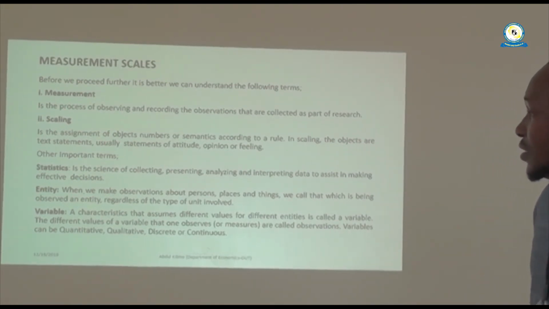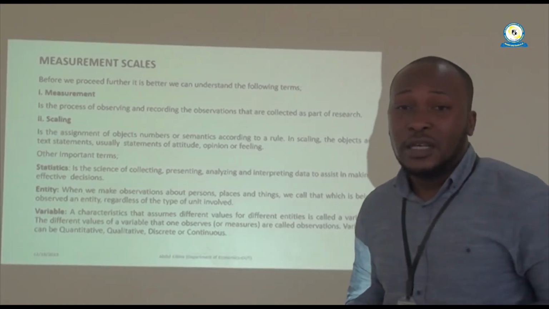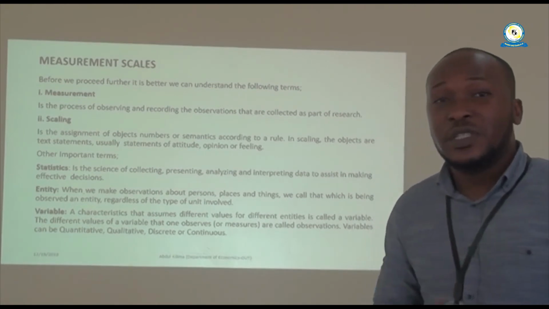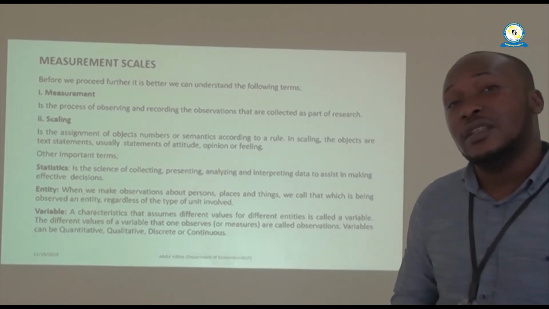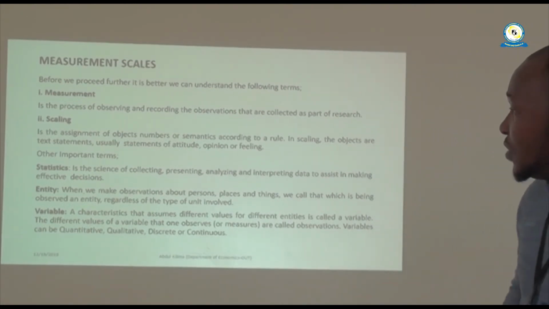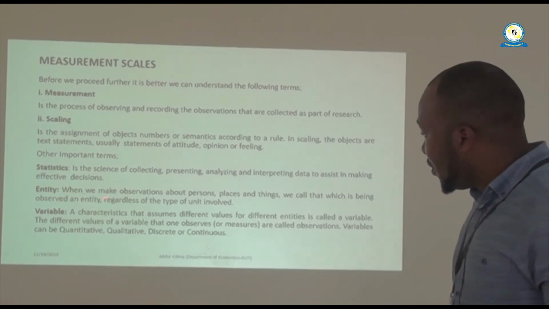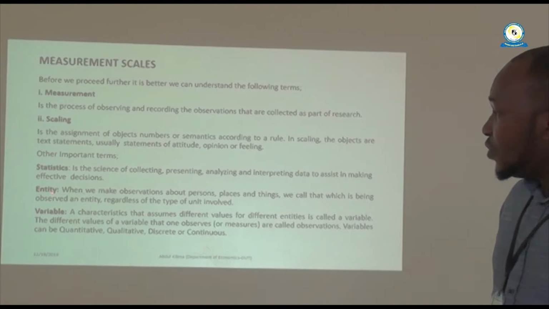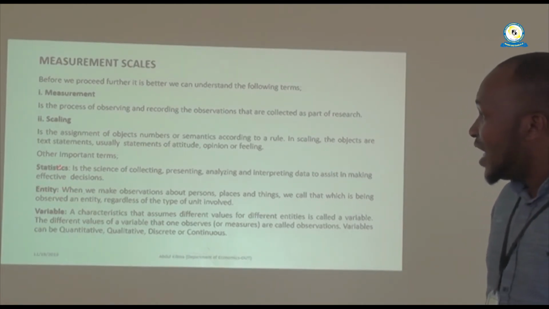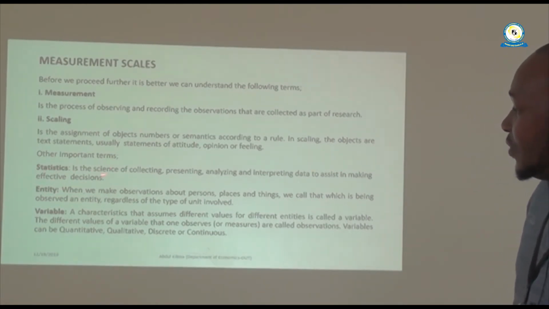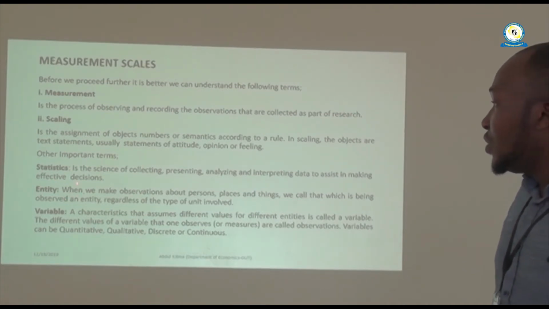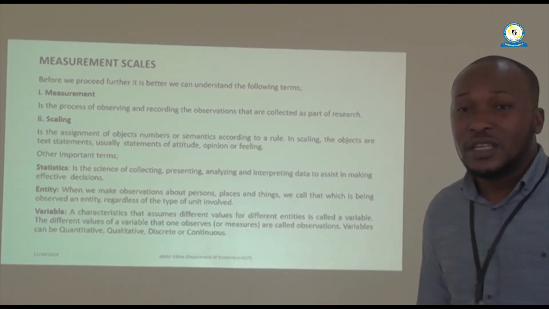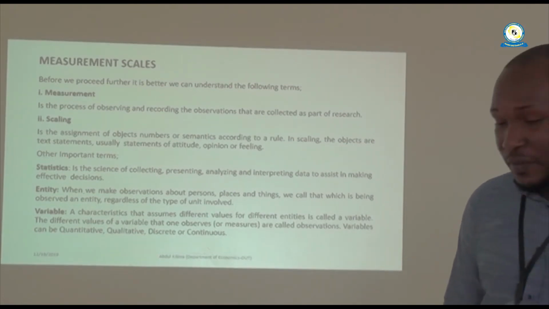Statistics is the science of collecting, presenting, analyzing, and interpreting data to assist in making informed decisions. You don't just decide on something without data. Statistics gives you data so that you can make an informed decision concerning a population or a situation.